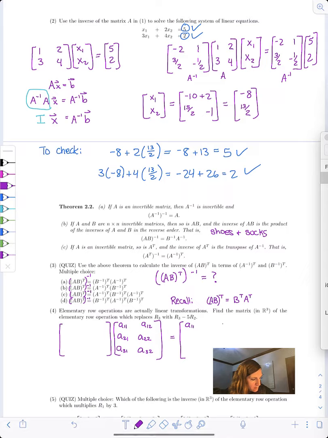So row 1 stays the same, row 2 stays the same, and then for row 3 we take row 3 and do minus 5 times whatever was in row 2. So row 3 goes to row 3 minus 5 row 2. That's what we did. And how would we go about writing down a matrix that did that?